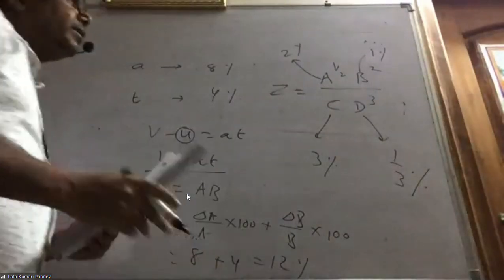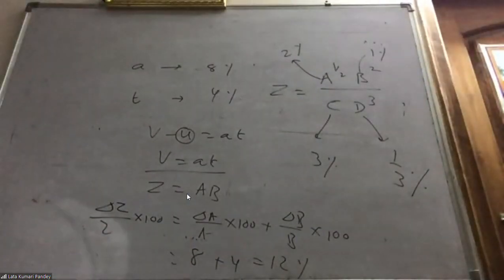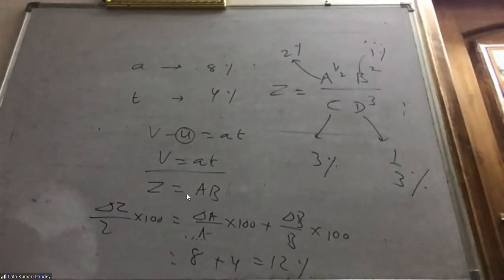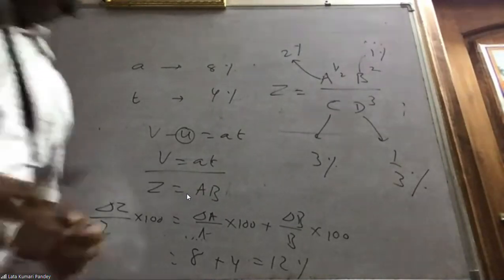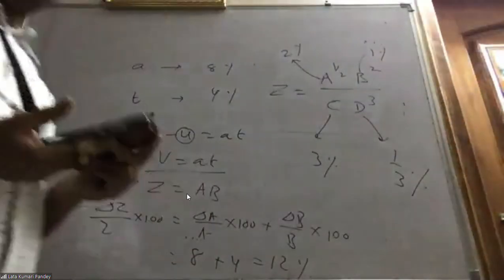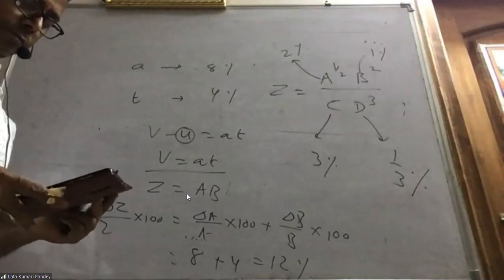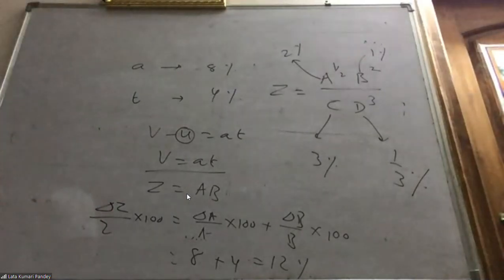So what is the error in the measurement of Z? This is question number 37, task 1.